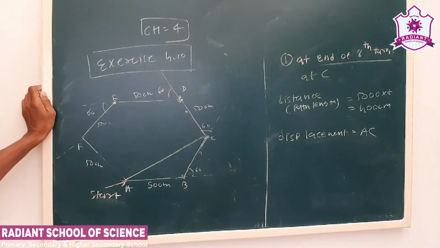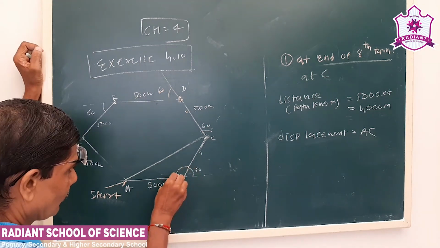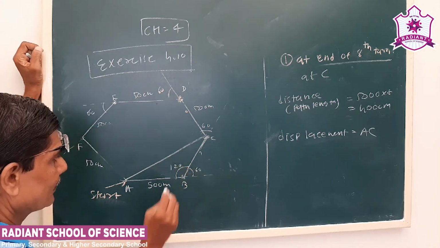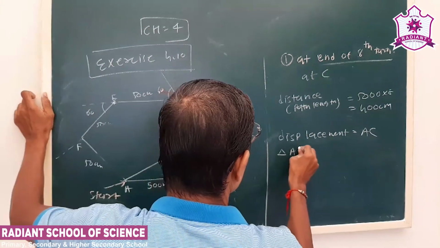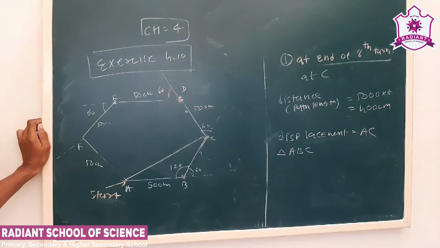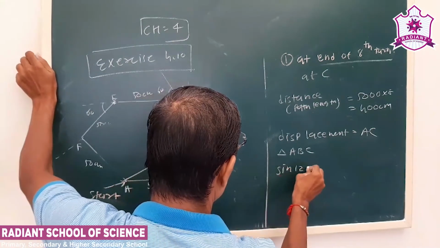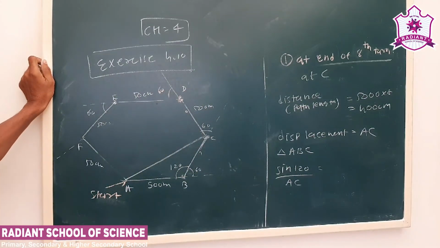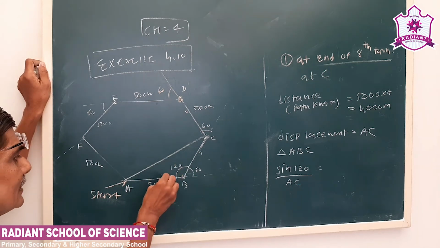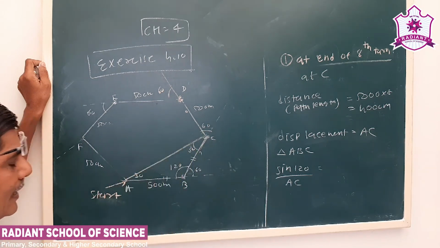Now we can use the sine formula again. This is 60, so this will be 120. See triangle ABC. We are using the sine formula: sine 120 upon AC. This side and this side will be equal, so this again will be an isosceles triangle.